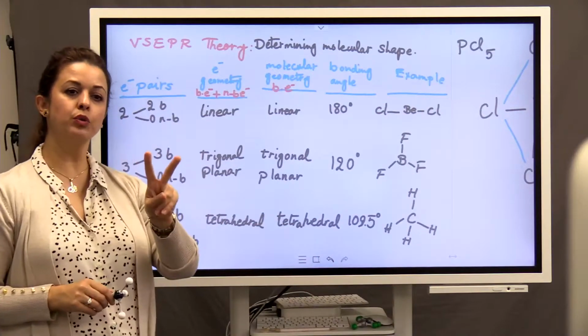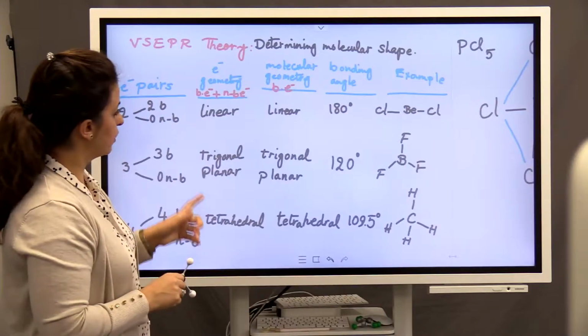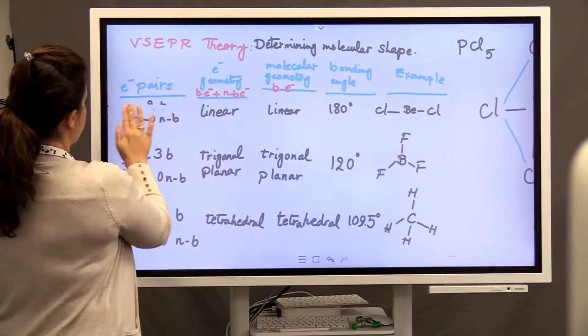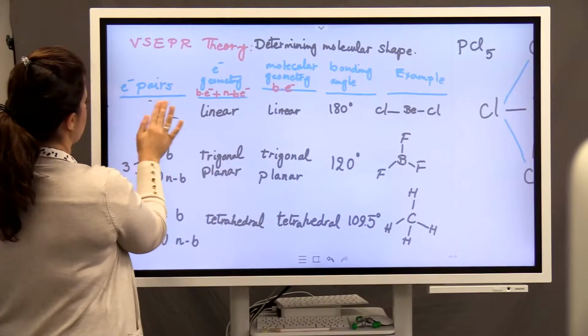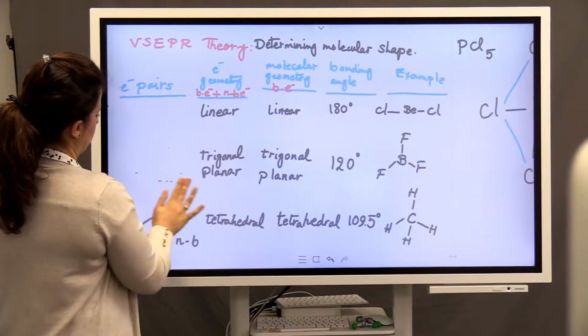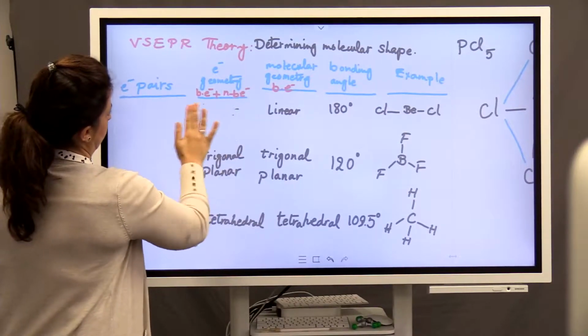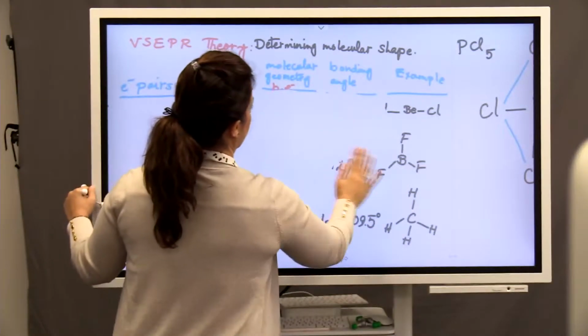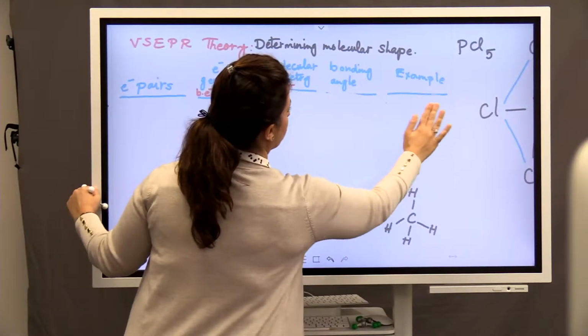I'm going to add 2 more to this table, so allow me to erase these 2, and you will see the difference between what I have on the board and what I'm going to add.